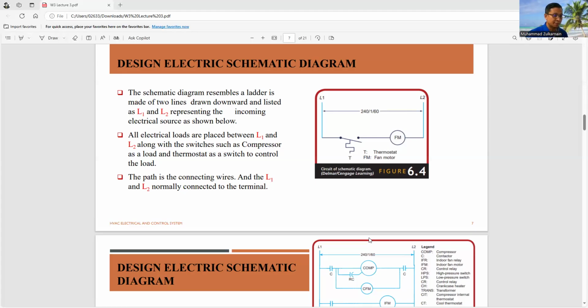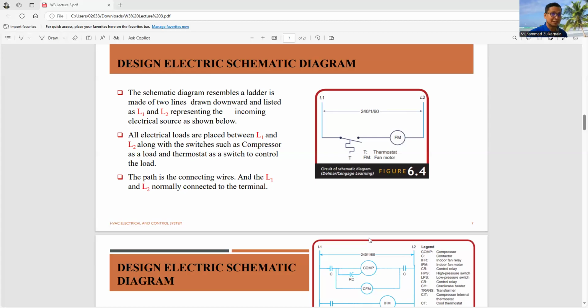And then from there, we have the series system, with the component of the fan motor. We also install a sensor, the thermostat. The fan motor will work by the sensing system of the thermostat. We set a condition at a specific temperature, so the operation of the fan will work at a certain temperature.